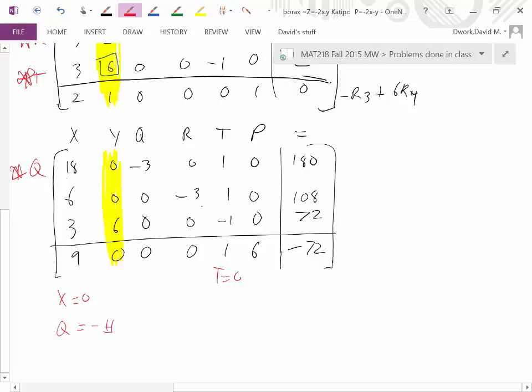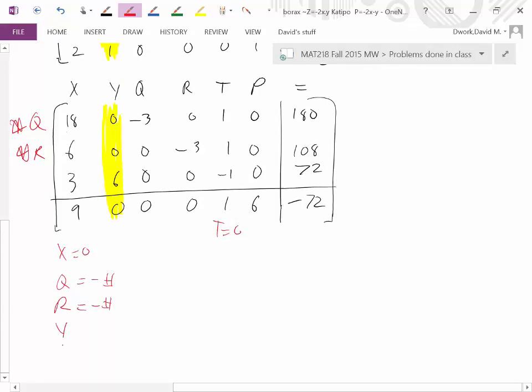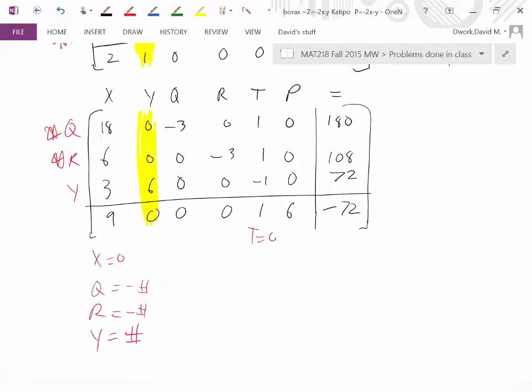So this is giving me r, okay? And r is still giving me a negative number, so I can star that row. And finally, in my last row, 0, 6, 0, 0, 0, 0. So 72 divided by 6, I don't really care what that number is, but what I can see is y is a positive number. So this is now giving me y, but it's positive, so that's okay.